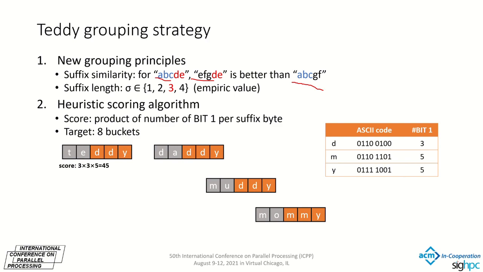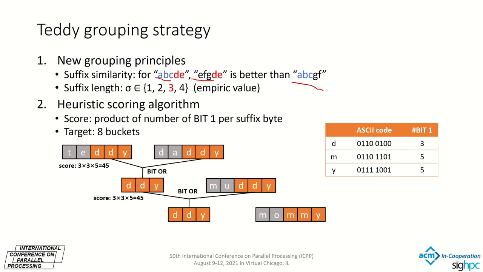The score of DDY is 45. If we insert the same suffix, the score will not change after bit-or. If we add a new string like MMY, the score will be 125. And therefore, DDY will not be in the same bucket as MMY.